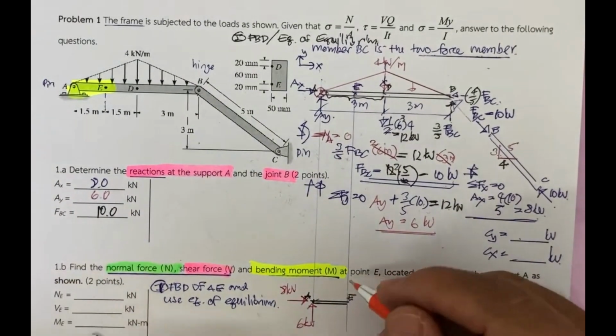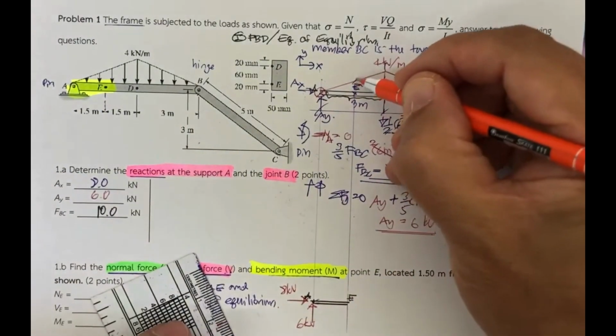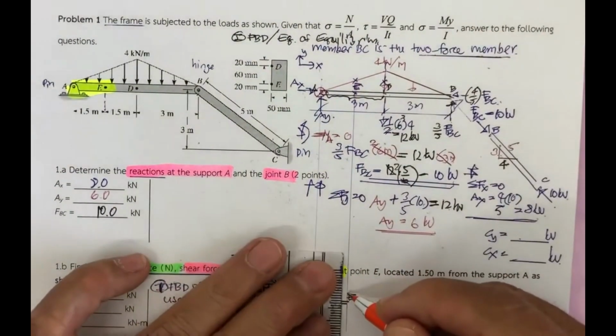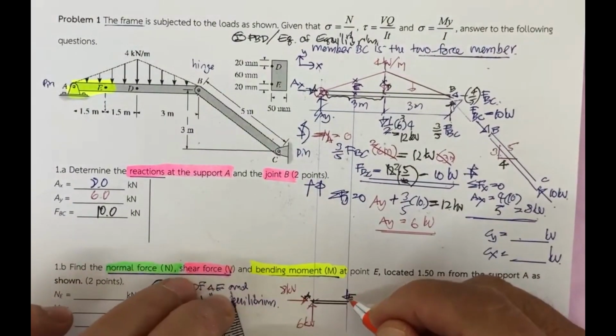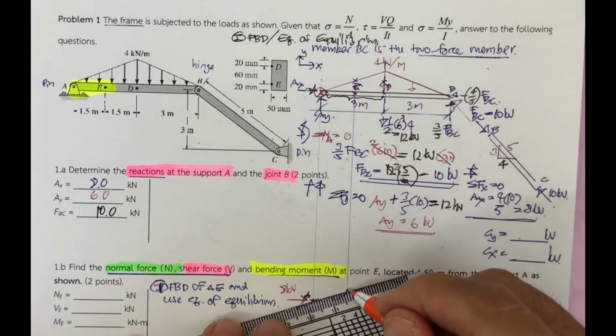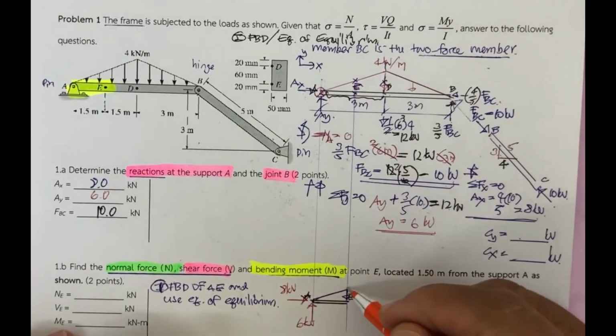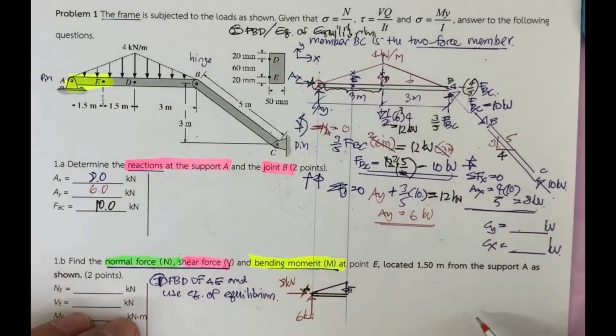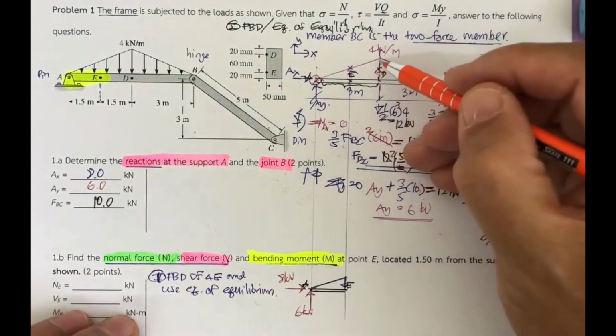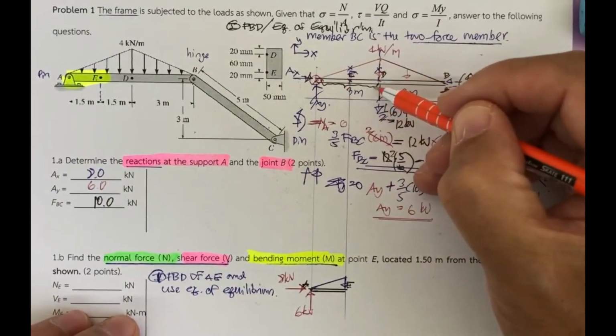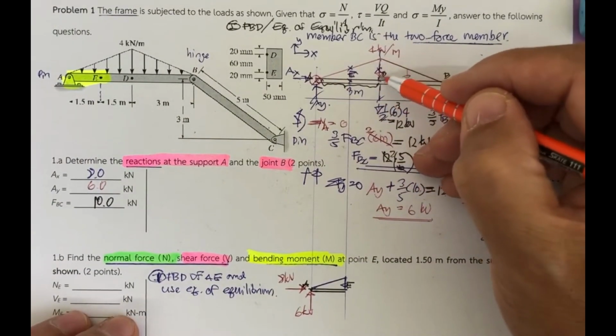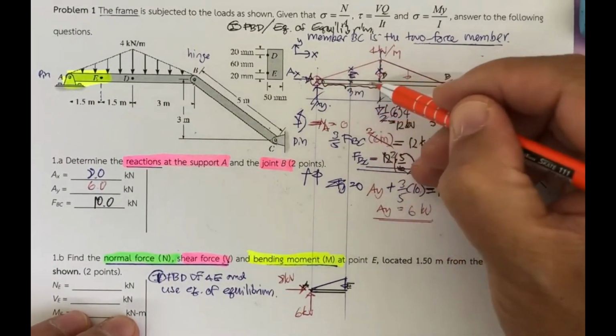Under the application of this, we have the triangular force. The value of the force here is going to be determined by using the triangle. By considering the slope, this is 4 divided by 3.